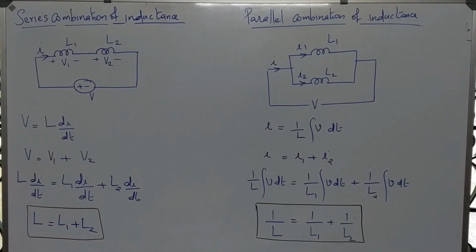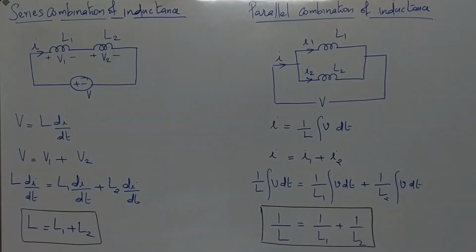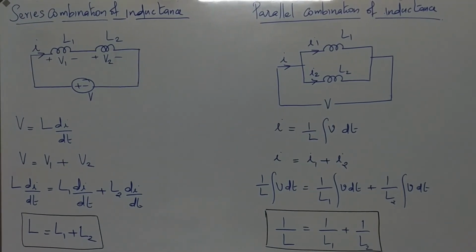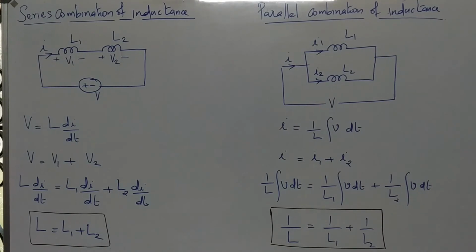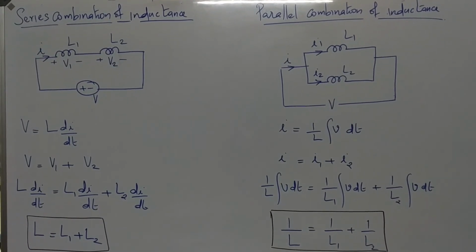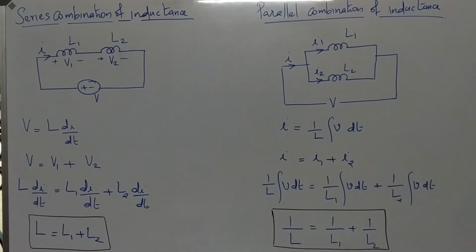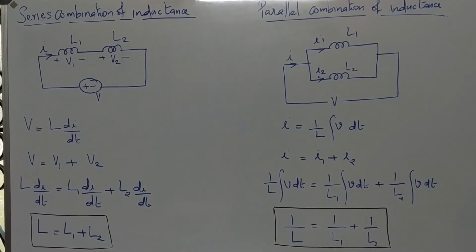Now we'll see the series combination of inductance. Consider two inductances L1 and L2 connected in series, across which you apply a voltage V, resulting in a current I flowing through it. As it is a series circuit, the voltage will divide among the different elements as V1 and V2.